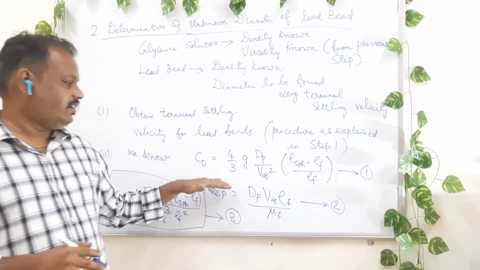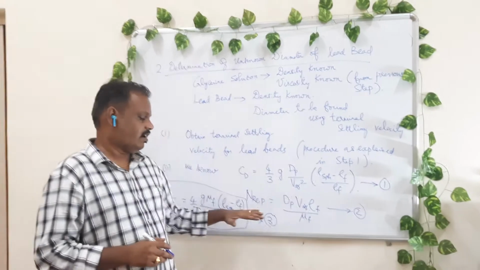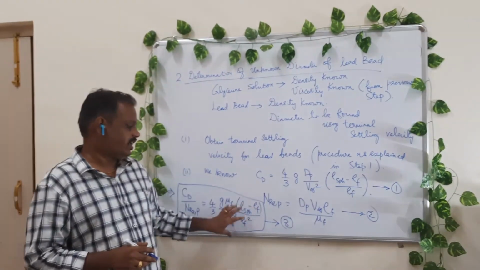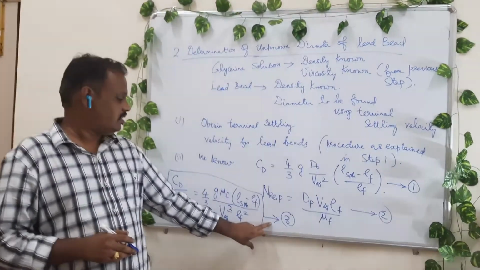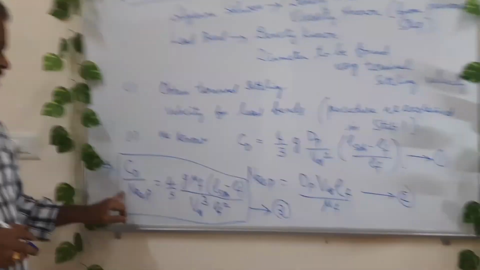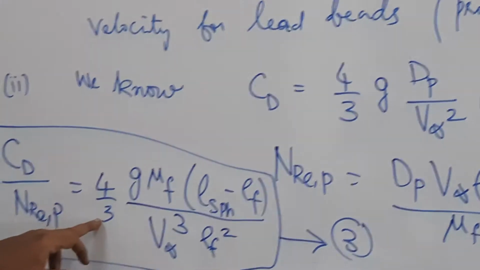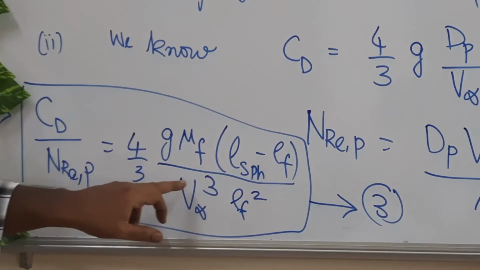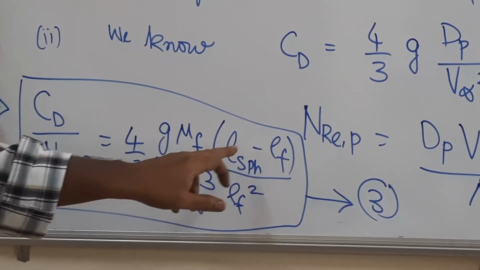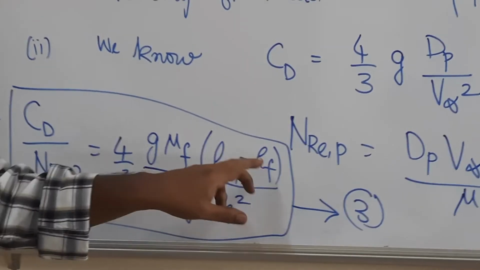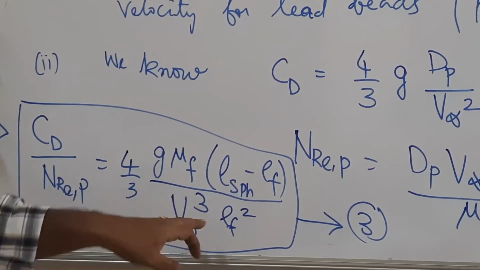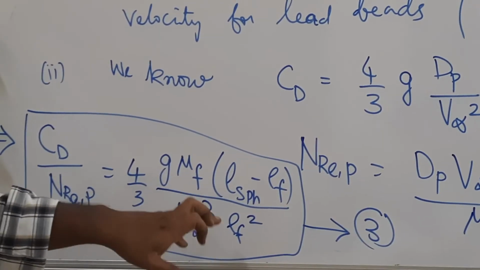When I divide CD by NRe, I get one expression, explained in number 3: CD by NRe is equal to 4 by 3 g mu f divided by V infinity cube into the density difference between the bead and the fluid divided by the square of the density of the fluid.